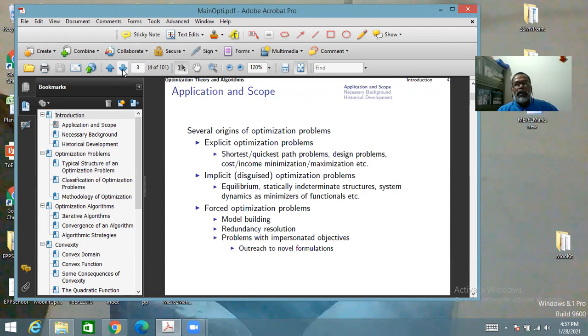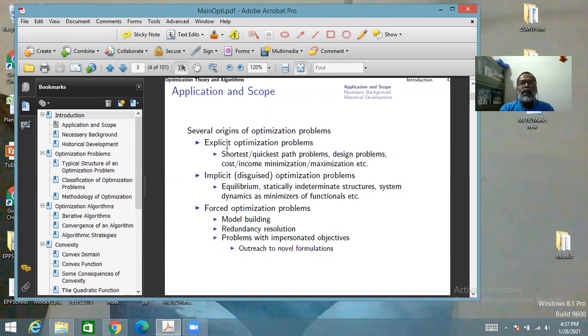Optimization problems appear from several sources, several origins, and in several ways. First, there are explicit optimization problems, those problems which come already tailored in the form of minimize this or maximize that, something like that.